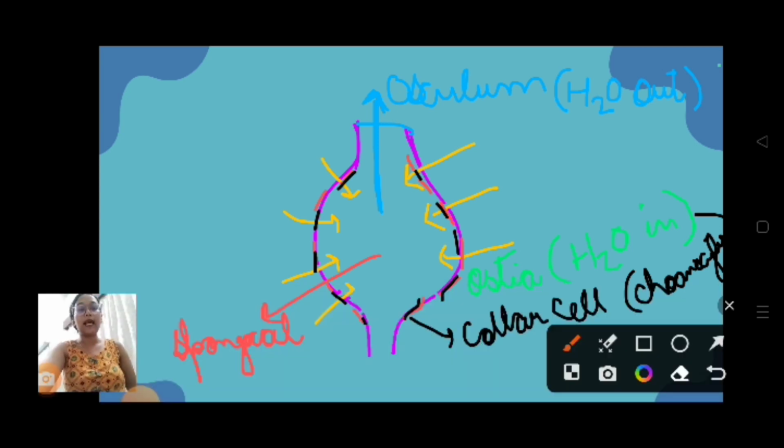Are you understanding how the water gets inside the body of a sponge through the ostia, which are pore-like things, and how the water goes out through the osculum, and the central cavity which is present is called your spongocoel, and this spongocoel is lined by a cell called your collar cell or choanocytes? Sorry for the handwriting. Is it clear to you all?